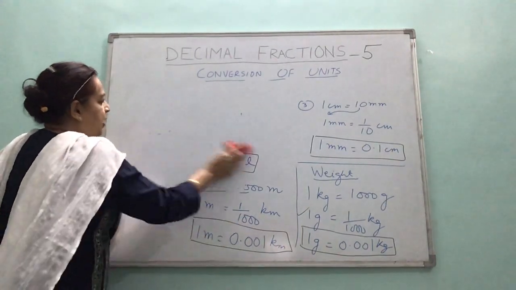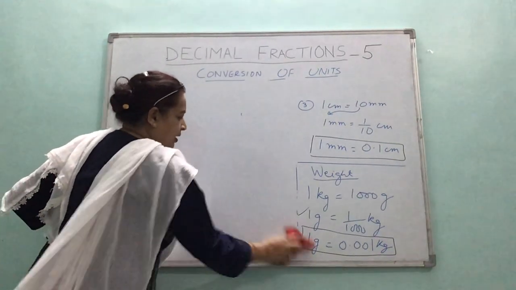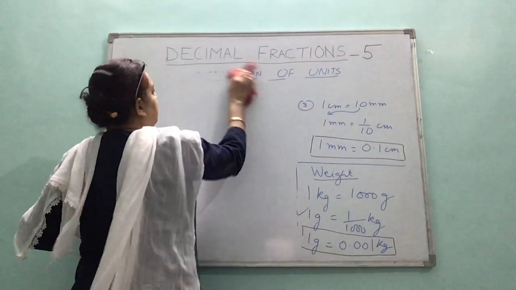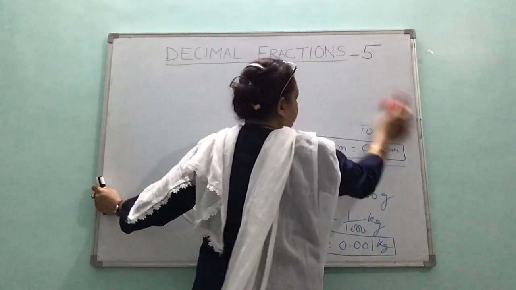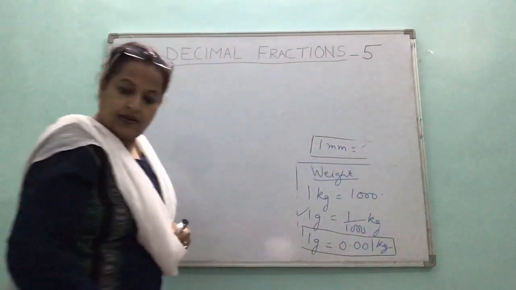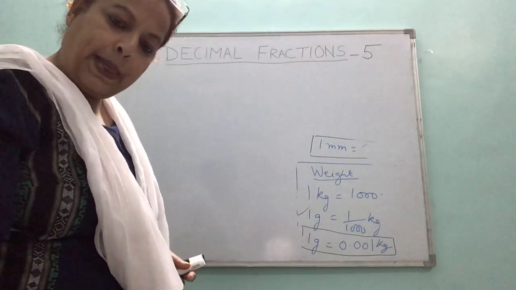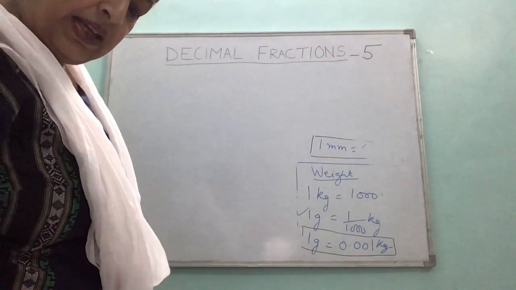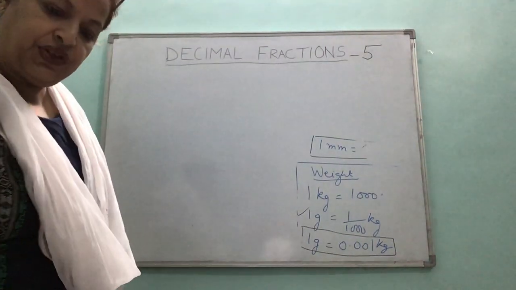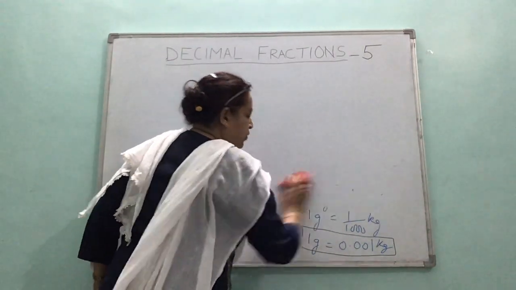So exercise 5E, I'll be taking few questions and you will do, I'll tell you the assignment later on. There are 13 questions. So I'll be taking say 5 questions.